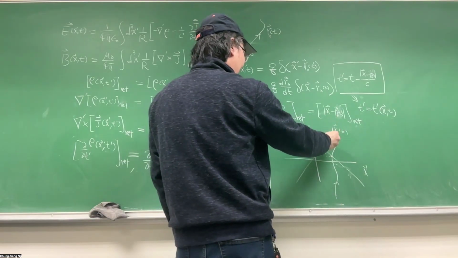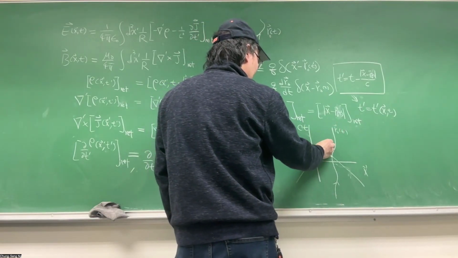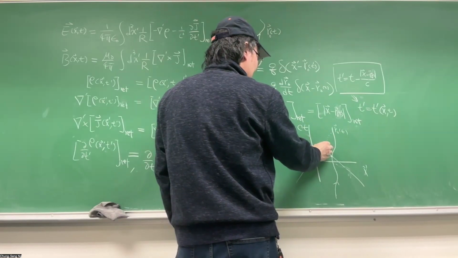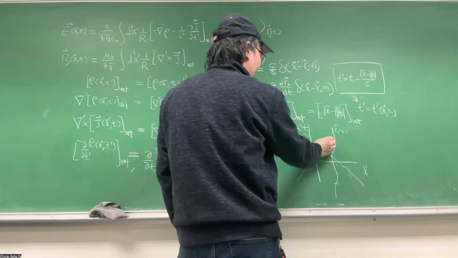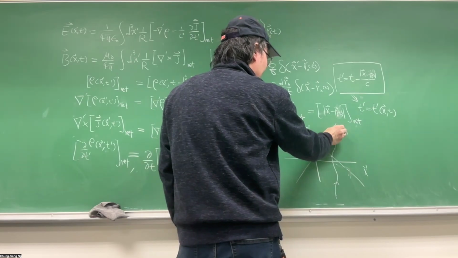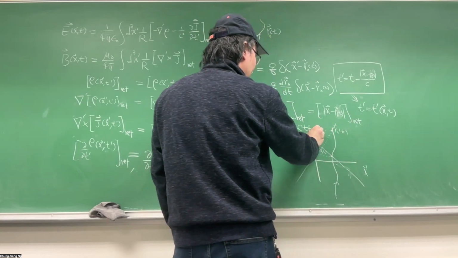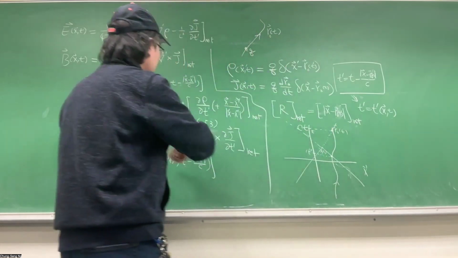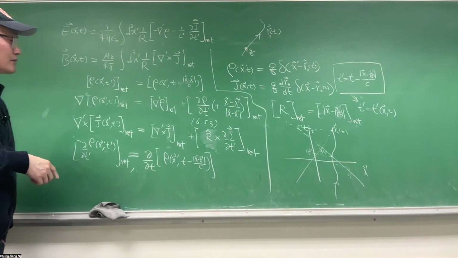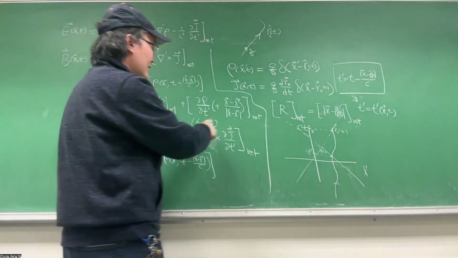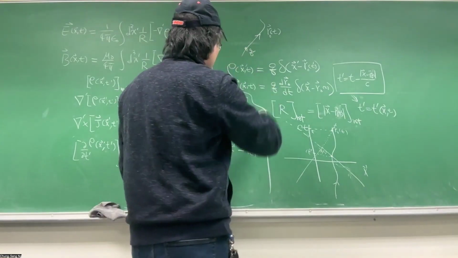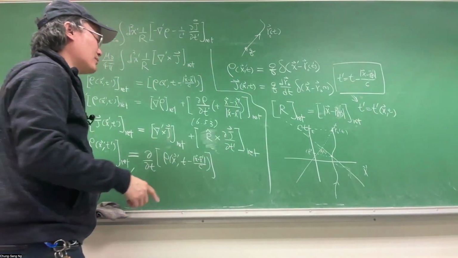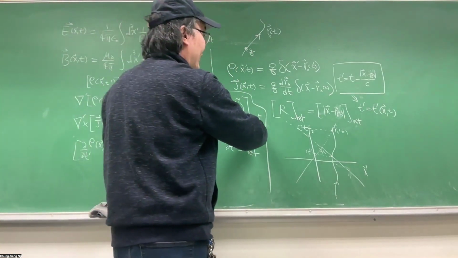But obviously, you can have another solution. If you go to the advanced solution, you can also draw an advanced light cone, and this term will be the advanced term. Remember, we are staying with the retarded solution, but we can get exactly the same equation by changing retarded to advanced.